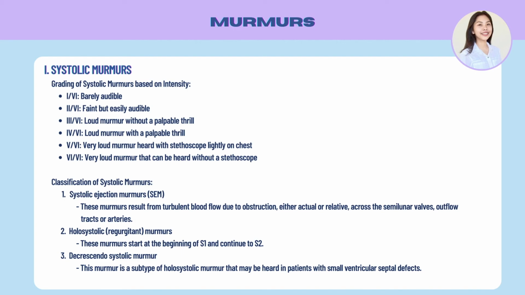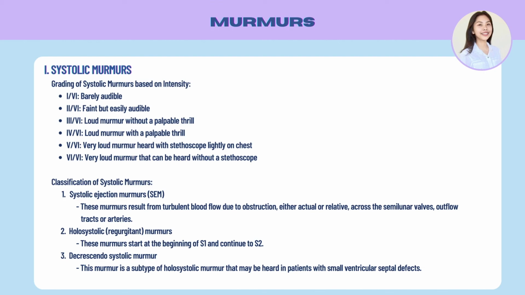For the classification of systolic murmurs, we have systolic ejection murmurs, or SEM, hollow systolic murmurs, and decrescendo systolic murmur. For systolic ejection murmurs, these murmurs result from turbulent blood flow due to obstruction, either actual or relative, across the semilunar valves, outflow tracts, or arteries.